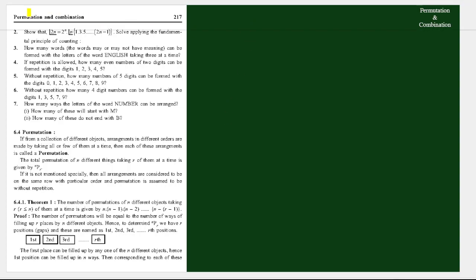Let's take an example of a 3-digit pin, and you are given 5 digits: 1, 2, 3, 4, 5.